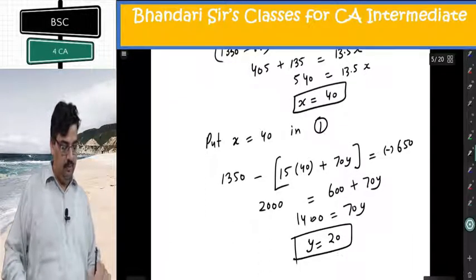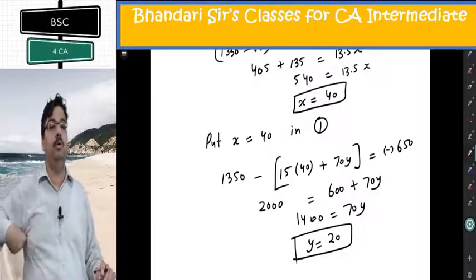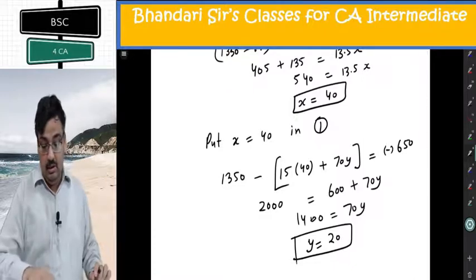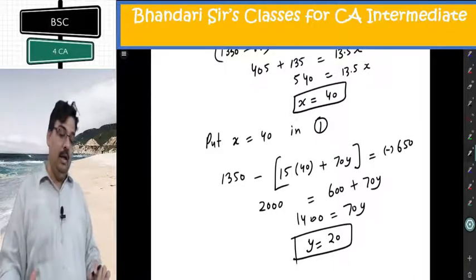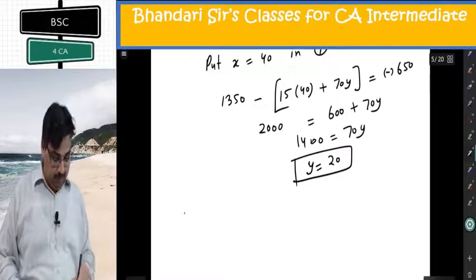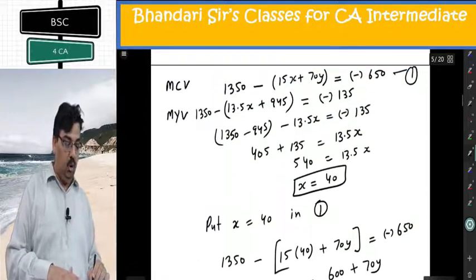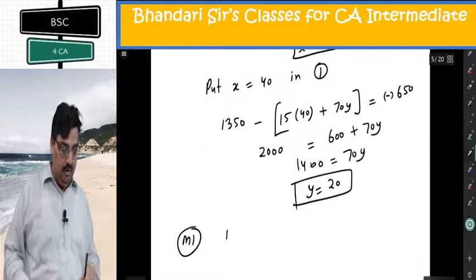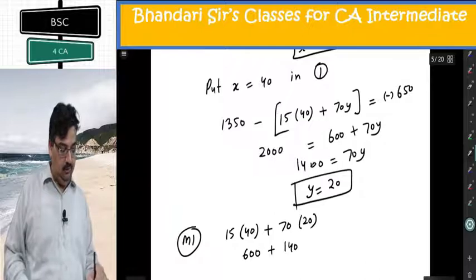So x and y we have computed. So we can compute all the steps now. You want all the variances, so steps will be needed there. M1 was 15x plus 70y, 15 into 40 plus 70y, 600 plus 1400, 2000.